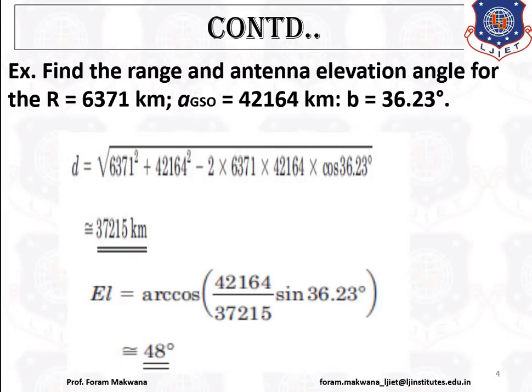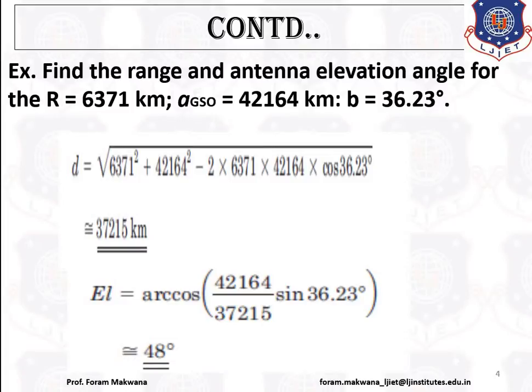So up to this, now we are able to find the antenna look angle. That means we are able to calculate the value of azimuth angle with the help of spherical triangle and elevation angle with the help of plane triangle, right?